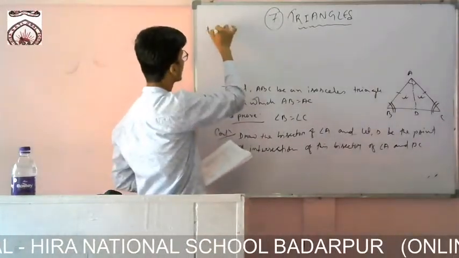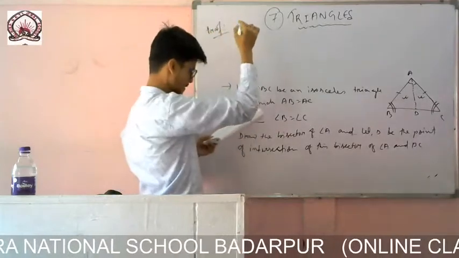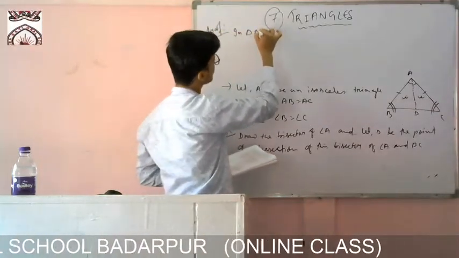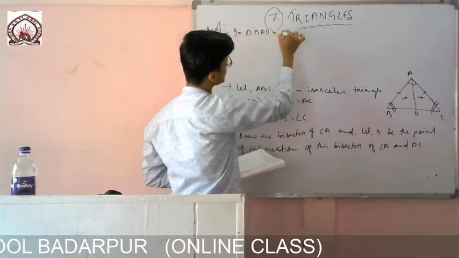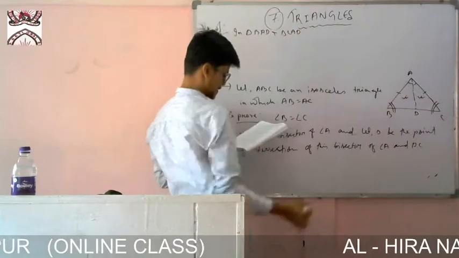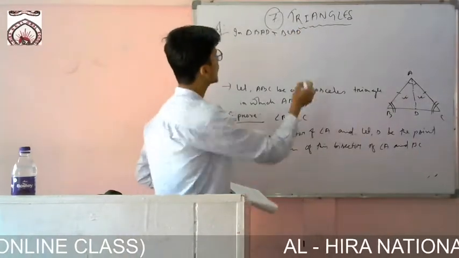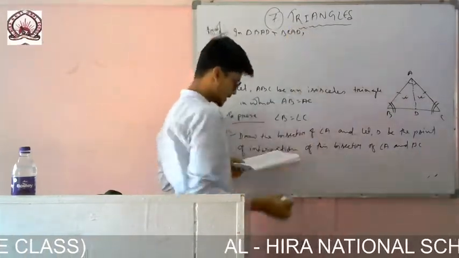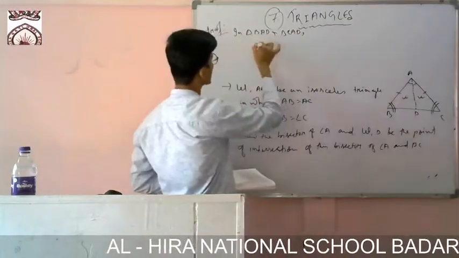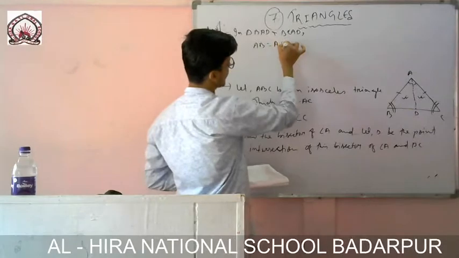Proof: in triangle BAD and triangle CAD, what can I write? AB is equal to AC, it is given.